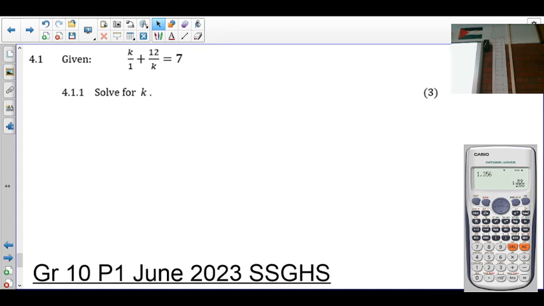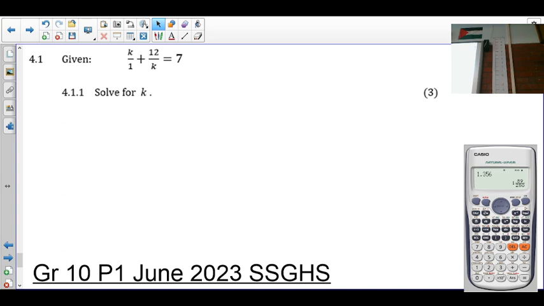People, let's look at number 4, 4.1. Okay, so 4.1.1 solve for k.